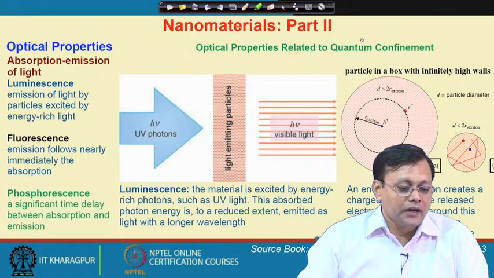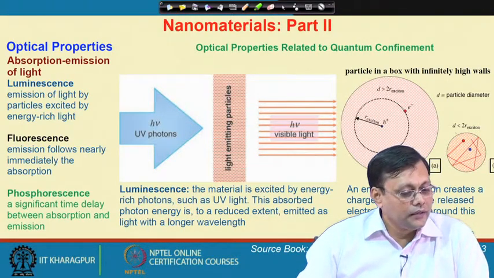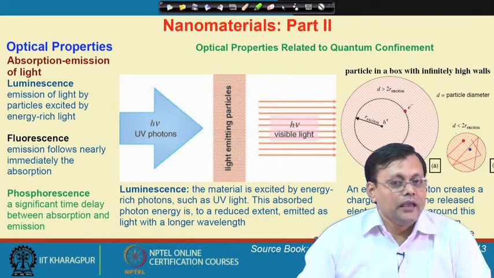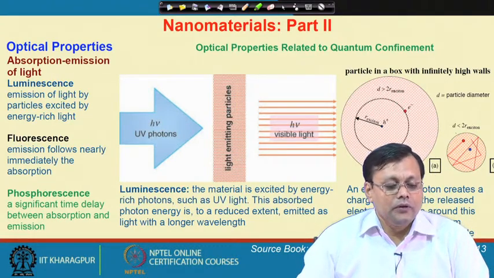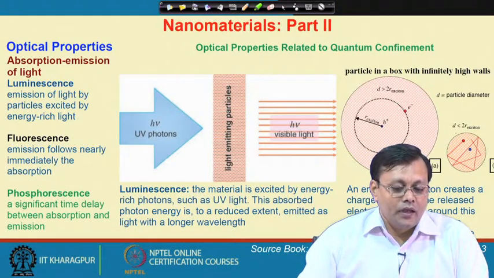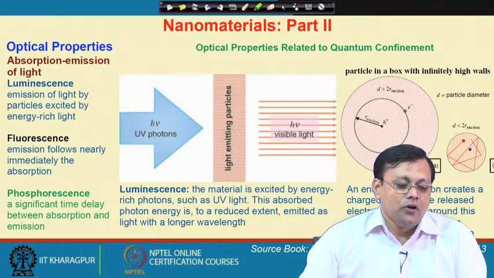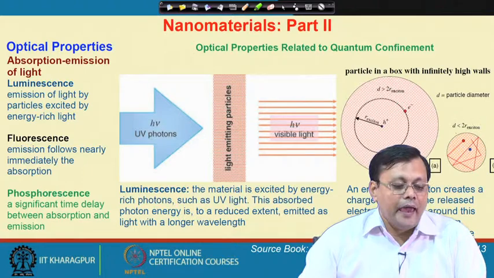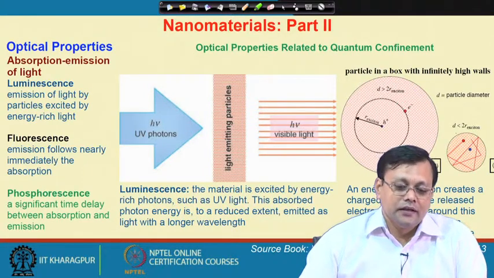Now, there are some other important aspects of the optical properties. Any particle will absorb some energy and then it will emit light. So, this is a property we call luminescence. Okay, so emission of light and absorption of light.